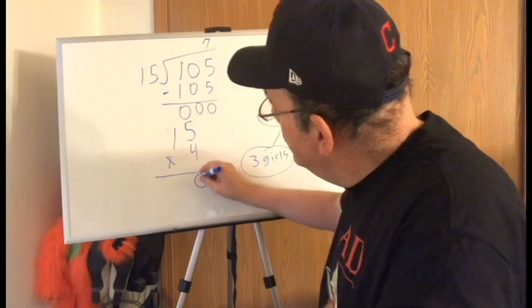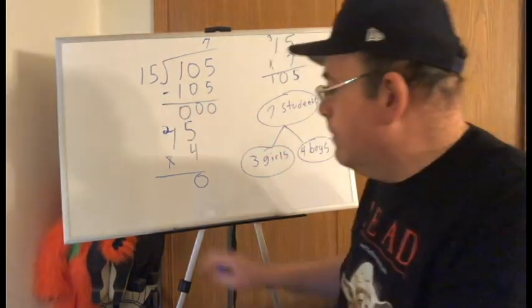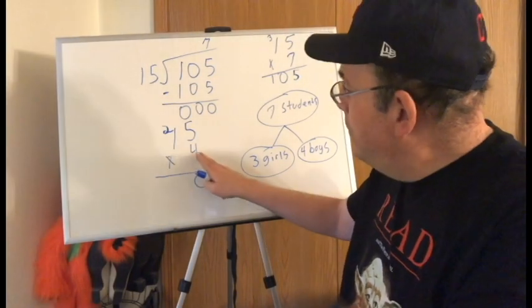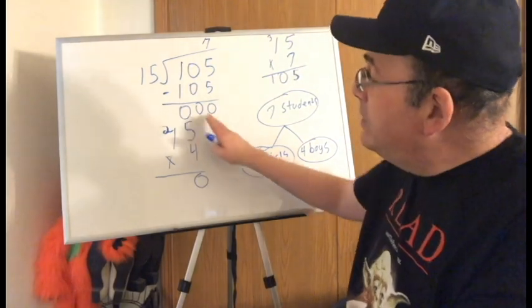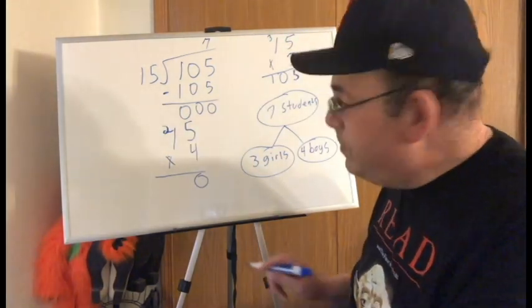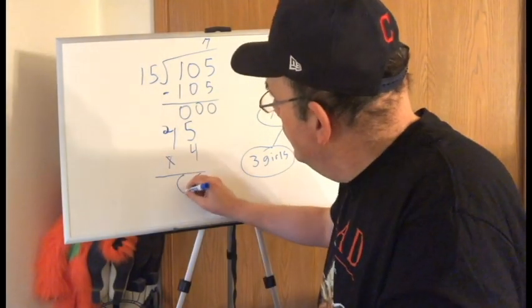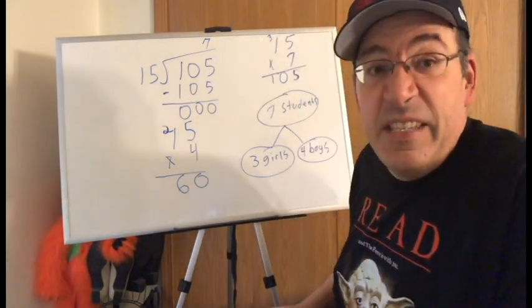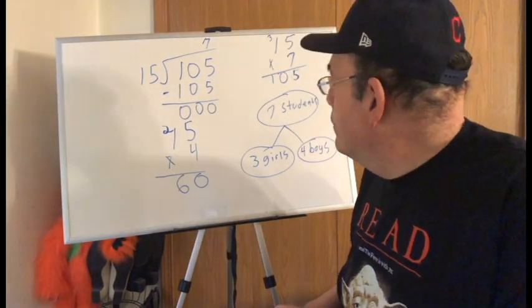I'm going to put the 0 in the ones place. I'm going to regroup those 2 tens into the tens place. 1 ten times 4 is 4 tens, plus the 2 tens that I regrouped. 4 plus 2 is 6, so 6 tens. So we have 60. 60 boys altogether.